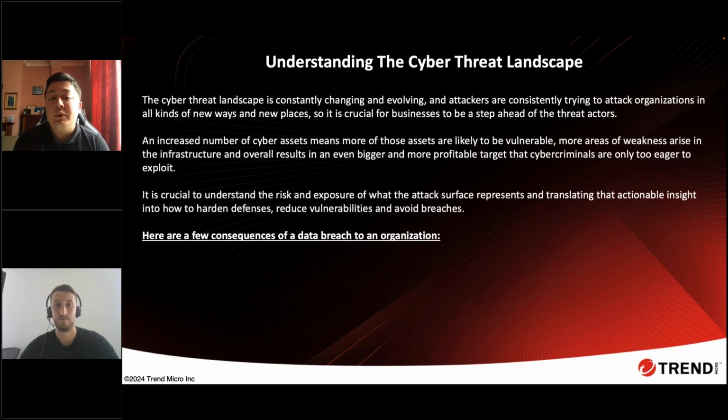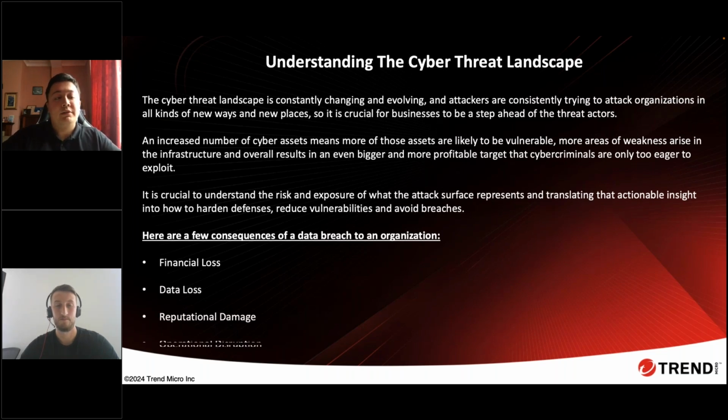So cyber criminals are always looking at new ways to gain access into systems, and it's crucial for businesses to know what the risks are in your environment, but also the exposure of different areas of your organization that need to be looked at. There are quite a few consequences of a data breach to an organization. I've included a few, which are financial loss, data loss, reputational damage, and operational disruption.